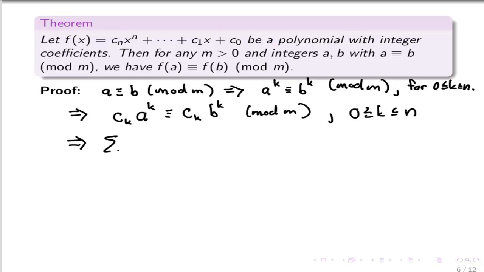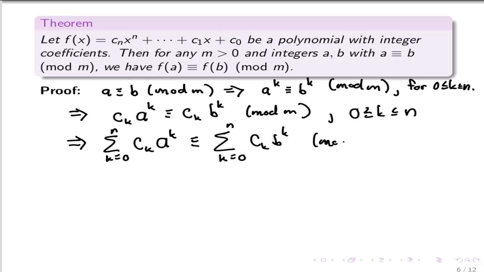So if I just add these numbers, k equaling 0 to n, then by the additive substitution law, it's the same as adding up these numbers. But this is just f of a, and this is f of b.